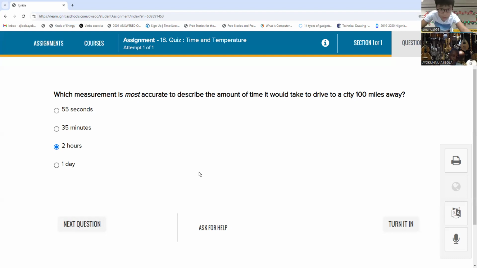Is that clear? So it's the speed that will determine, okay? But definitely it's not 5 seconds and it's not 5 minutes. That would be too much speed. Okay, let's move.